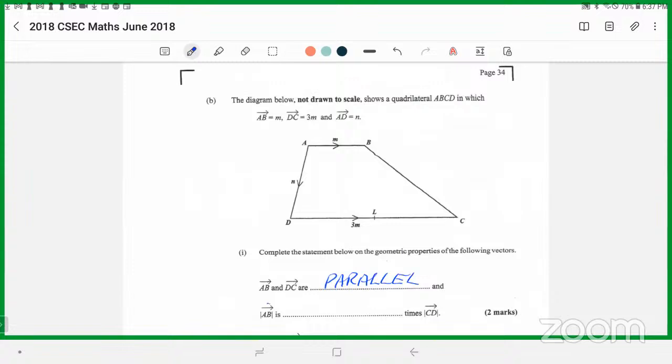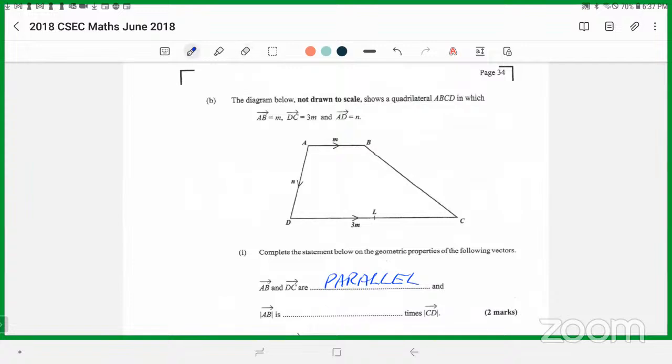And this means the length of AB is something times the length of DC. Remember, modulus means length. Tell me, what is that times here? AB is a third. This is 1/3 of this. Very good, shorter, it is a third. Beautiful.